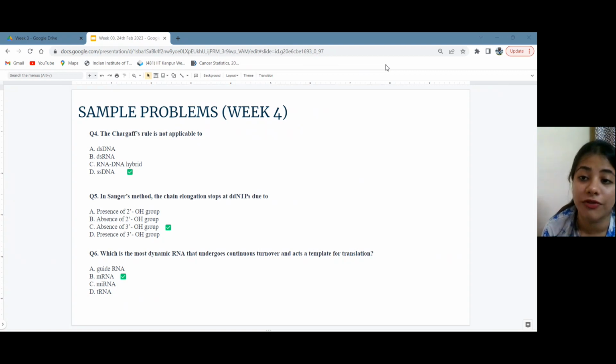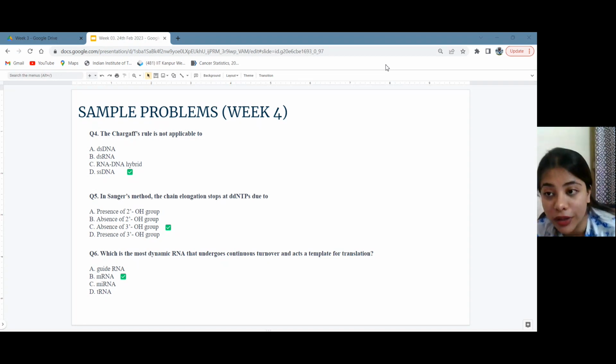Then comes question 5, where the question talks about Sanger's method. In Sanger's method, the step for chain elongation stops with ddNTPs, which are dideoxynucleotide triphosphates, due to what reason? Sanger's method is also known as the dideoxy method. Chain termination occurs because instead of a dNTP, a ddNTP gets incorporated and chain elongation can no longer continue.